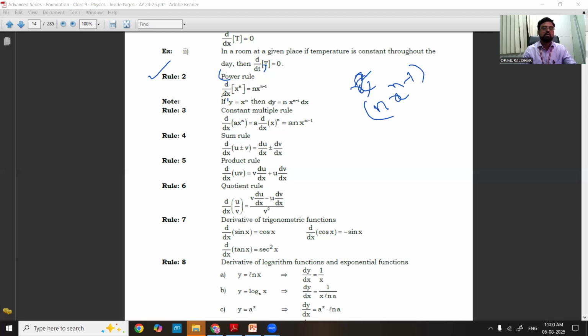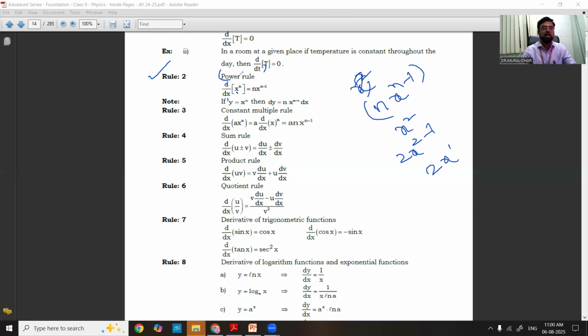For x square, for example, we get 2x to the power 2 minus 1, that is 2x to the power 1, or 2x.